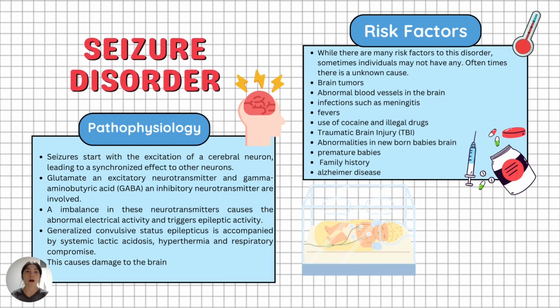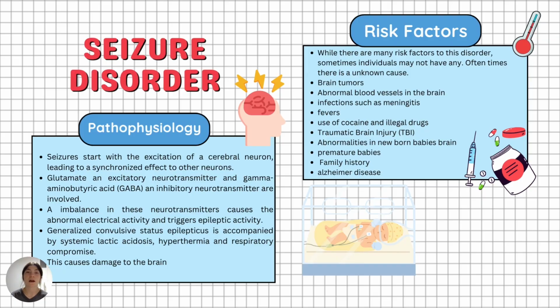So we're going to start off with the pathophysiology of a seizure disorder. So seizure starts with the excitation of a cerebral neuron, and that leads to a synchronized effect to other neurons. Then you have glutamate, an excitatory neurotransmitter, and then gamma aminobutyric acid, also known as GABA, and that's an inhibitory neurotransmitter.